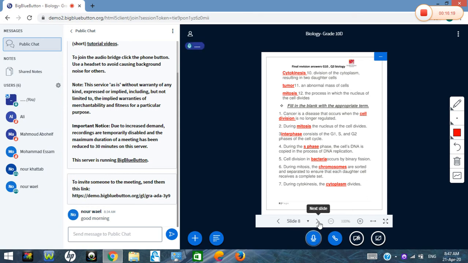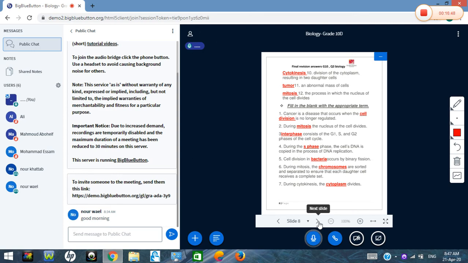The next question: fill in the blank with the appropriate term. Number 1, cancer is a disease that occurs when the cell cycle is no longer regulated.